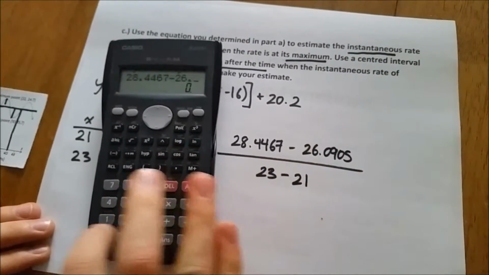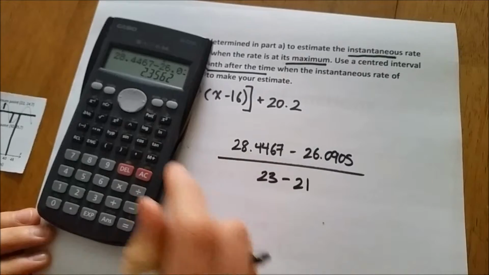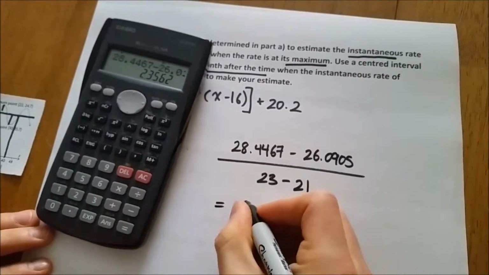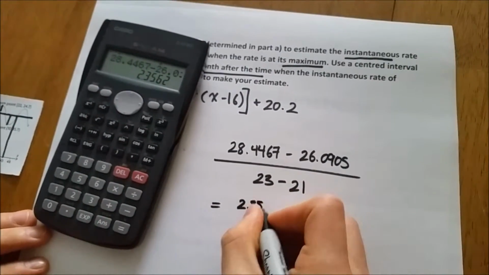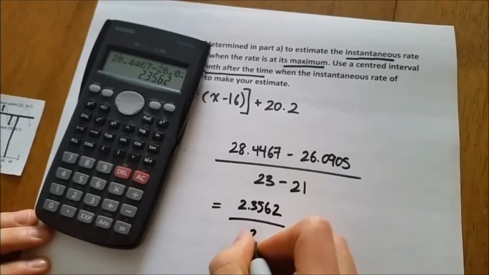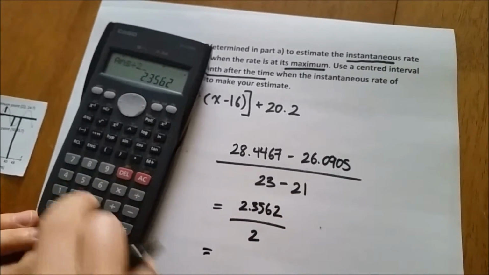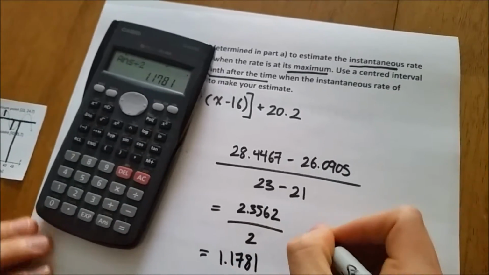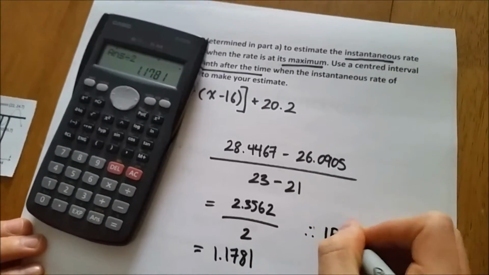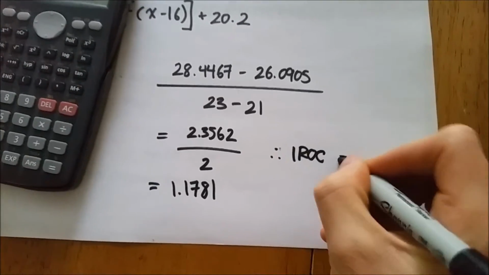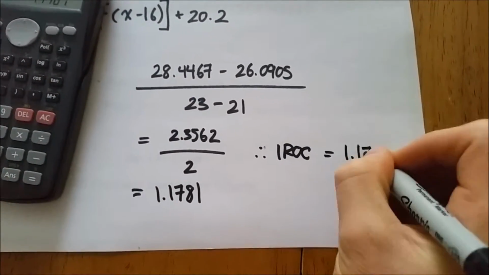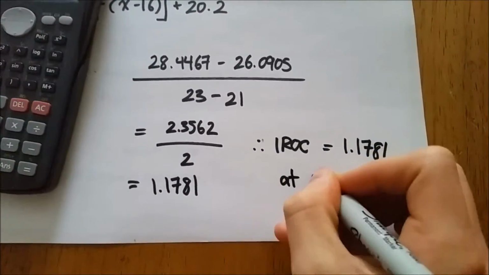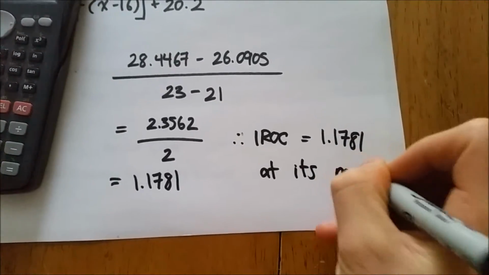That gives us 2.3562 divided by 2, which gives us 1.1781. So our instantaneous rate of change, or IROC, is equal to 1.1781 at its max.